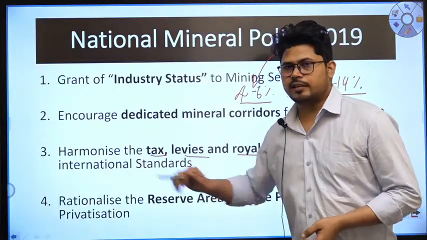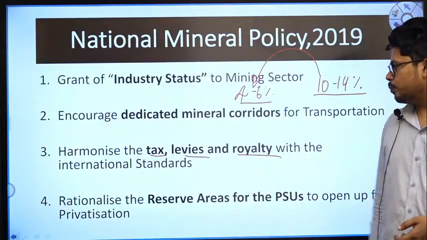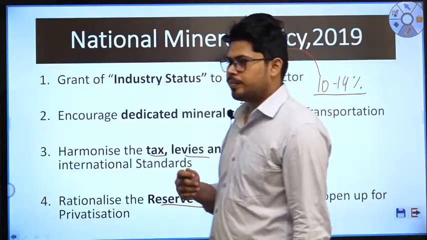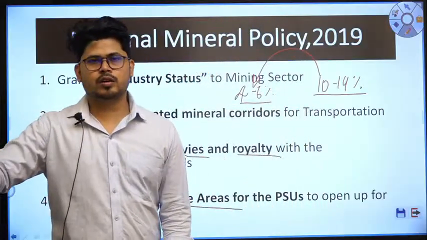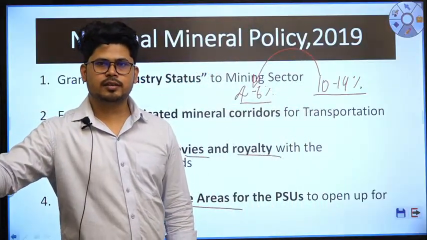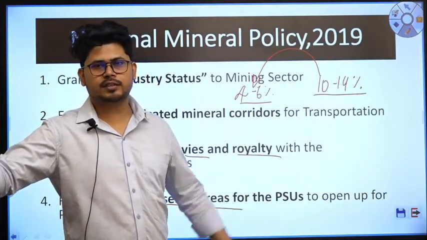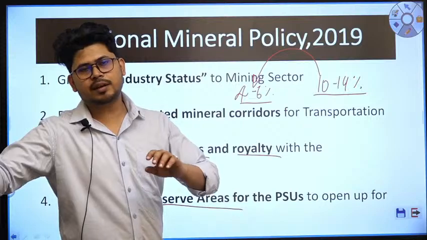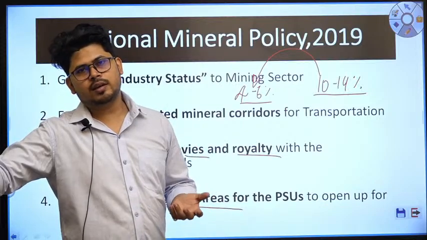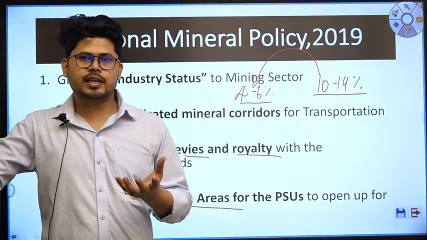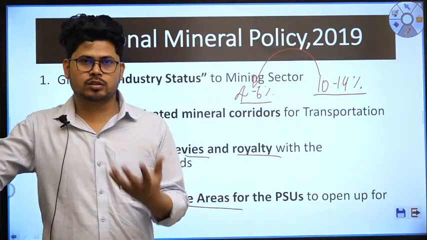with the international standards. The fourth one is rationalize the reserve areas. Many areas have been priorly reserved for public sector units only. Now rationalize those areas to open up for the private sector also, so that the private sector can bring its own technology, because public sector mining is fine, but there has been a consistent lack of growth.